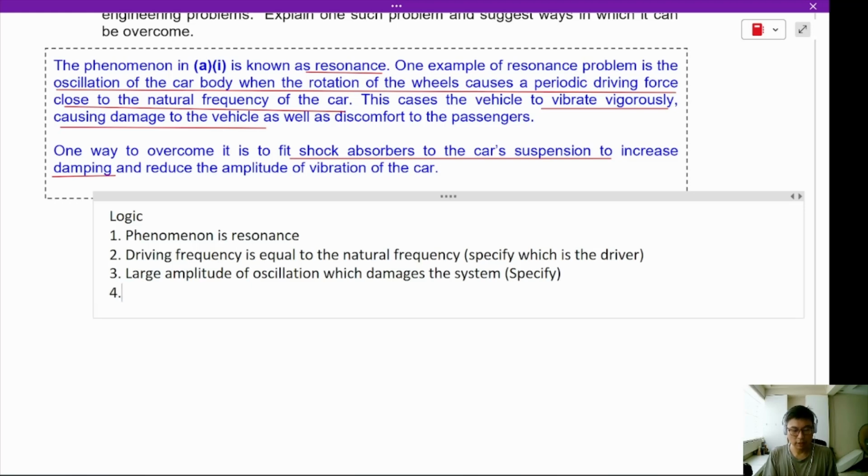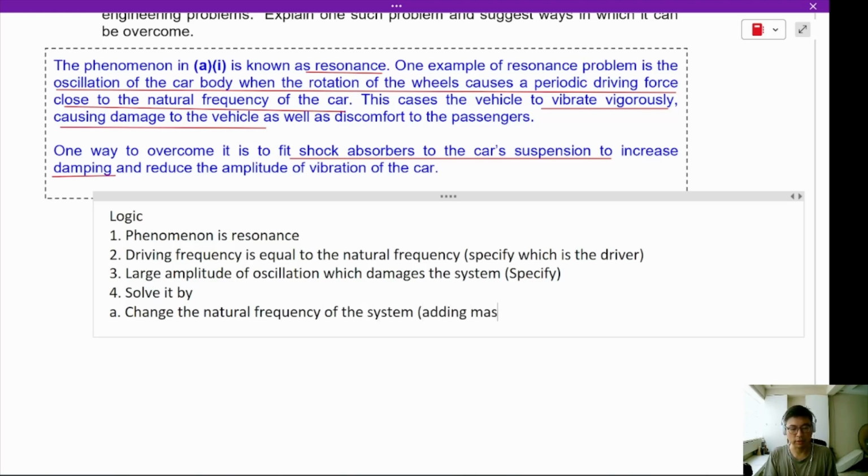Now, next, to solve it, there are two ways to solve it. One is to change the natural frequency of the system. But how do you do it? By adding mass, for example. Okay. Number two is to change the frequency of the external driving force.